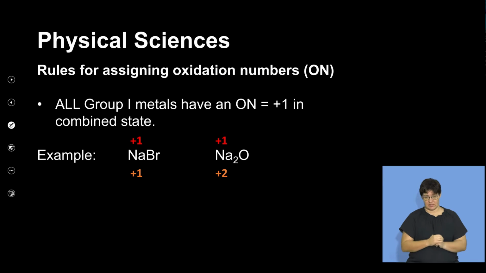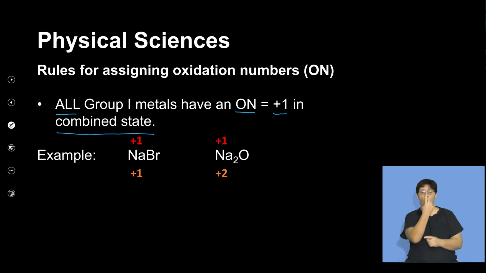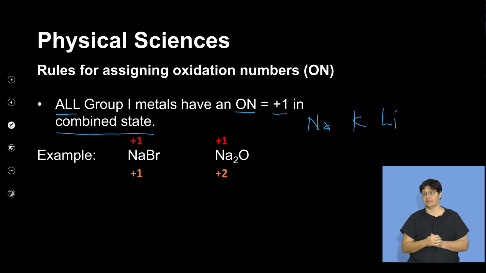Let's go to the second one. It says all, emphasis on all, capital letters, all group 1 metals, which are alkali metals, have an oxidation number of +1 in combined state. There's a lot of information here. Group 1 metals are your sodium, potassium, lithium, as examples.